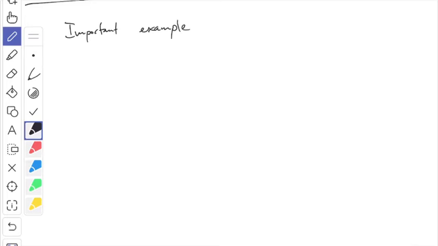This actually has a name. It's called the geometric sequence sometimes. This is just a sequence that you get by doing powers of a particular number.